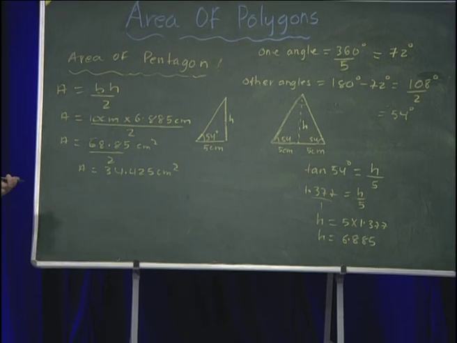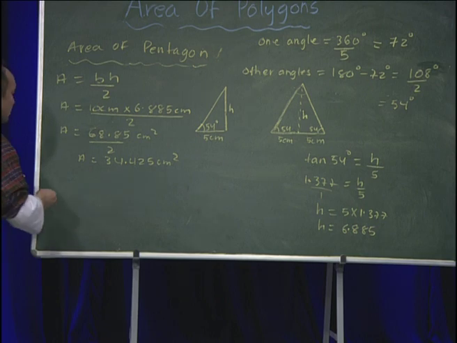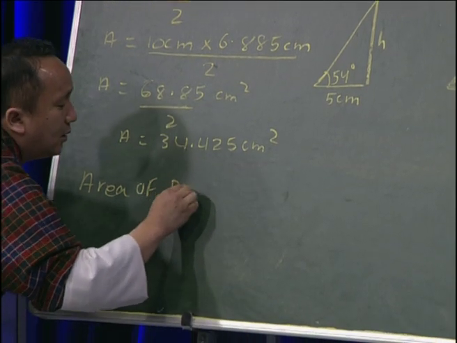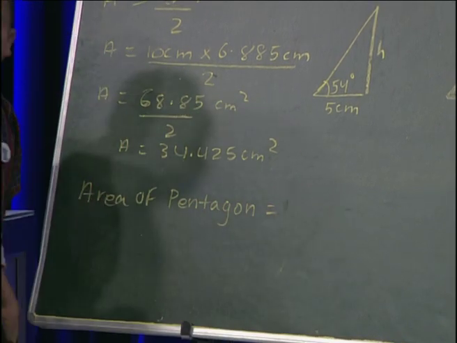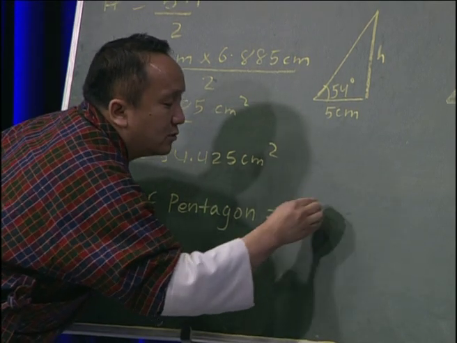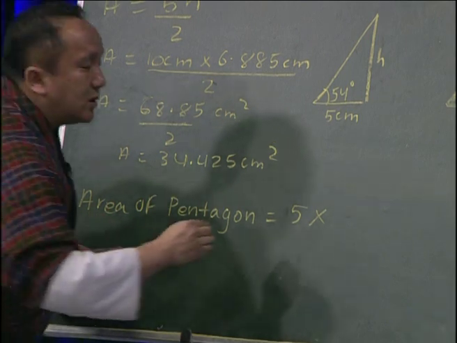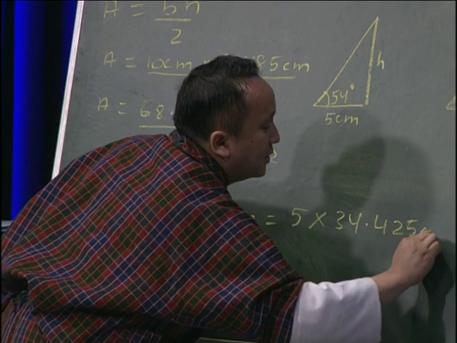What are we finding? We are finding the area of a regular pentagon. So the area of a regular pentagon is equal to, a pentagon has 5 congruent triangles, multiplied by the area of one of the triangles, which is 34.425 centimeters square.